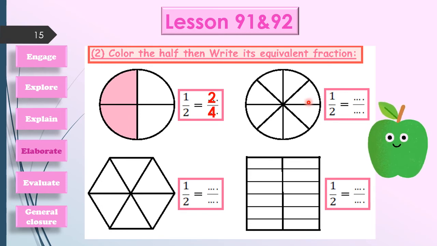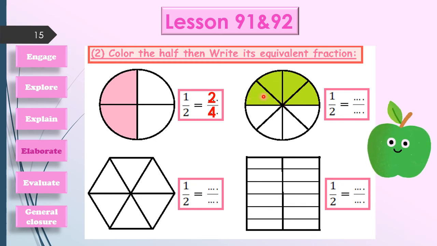Here we have, if I want to color half of this shape like this, I get what? Yes, I get 4 parts colored out of 8. Then write down the whole parts in the denominator, which is 8, and the colored parts in the numerator, which is 4. Then half equals 4 eighths. Let's color the half of this shape.